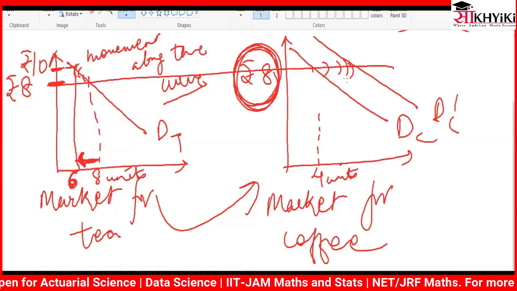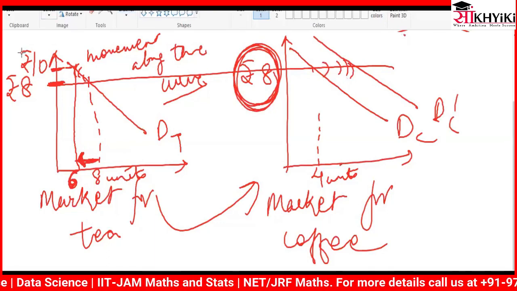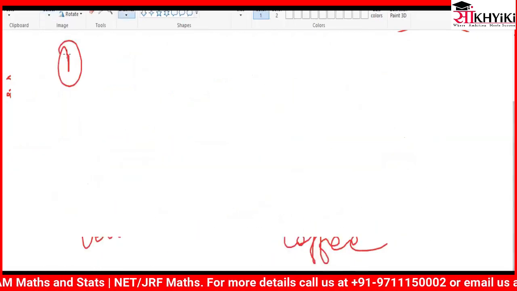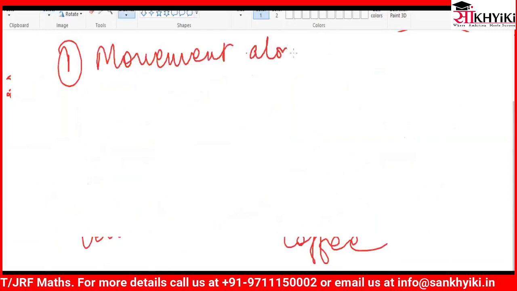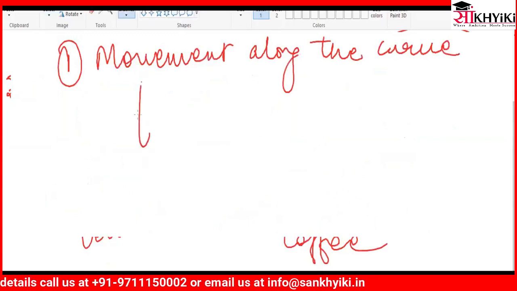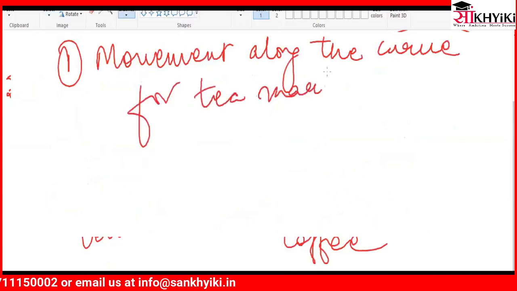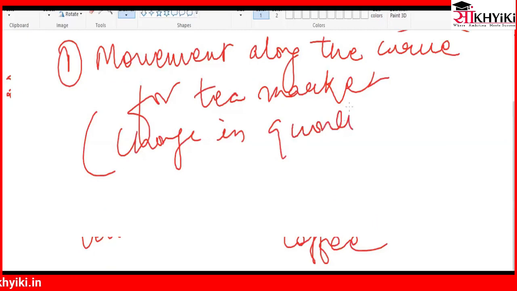There are two things that take place simultaneously: a movement along the curve for the tea market, in brackets, change in quantity demanded.